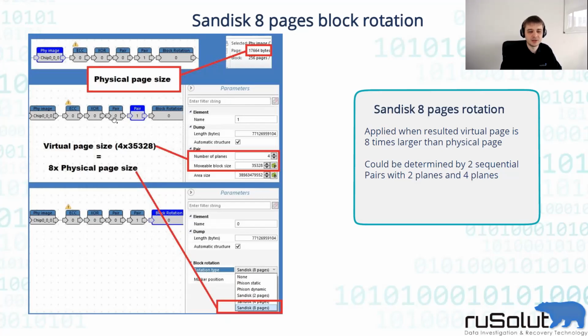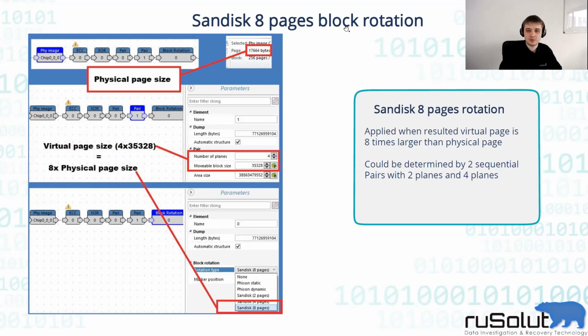First pair element with 2 planes and second pair element with 4 planes. 2 multiplied by 4 will provide a result of 8. The Sandisk virtual page will be 8 times bigger than the physical page from the NAND itself. And that is why we should use here the option with Sandisk 8 pages rotation. I could remind that after selecting the correct rotation type, the marker position will be set automatically. For Phison, these are one set of values, for Sandisk another.